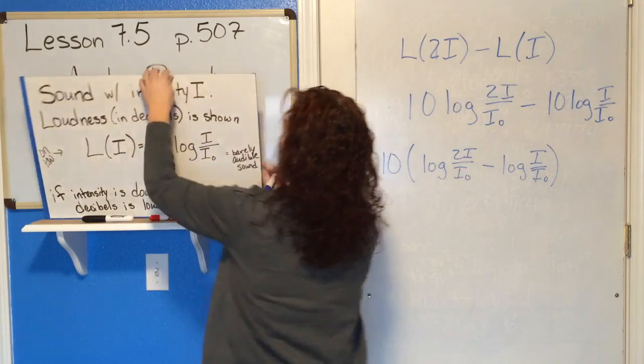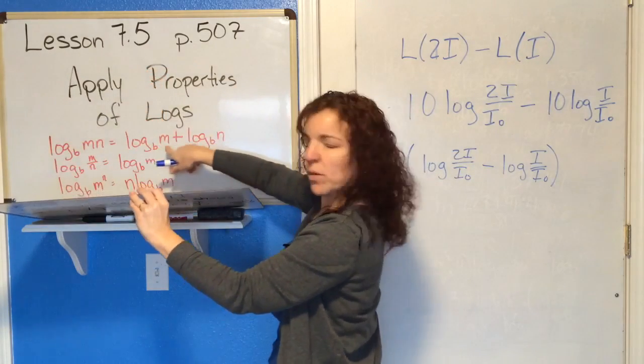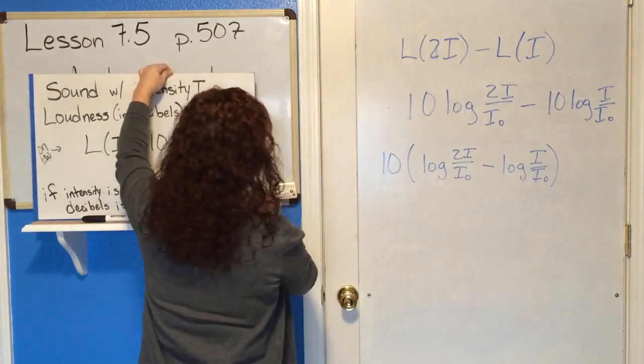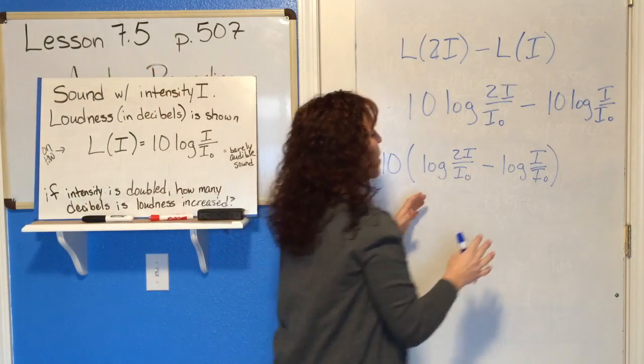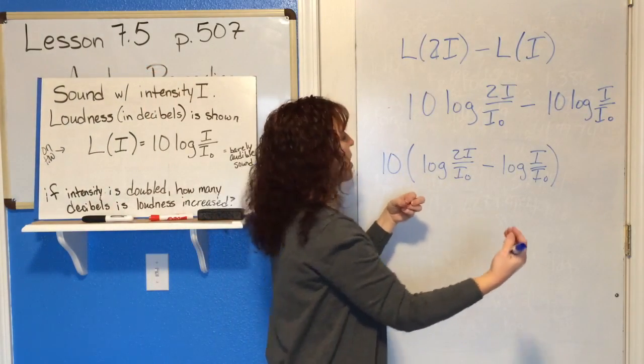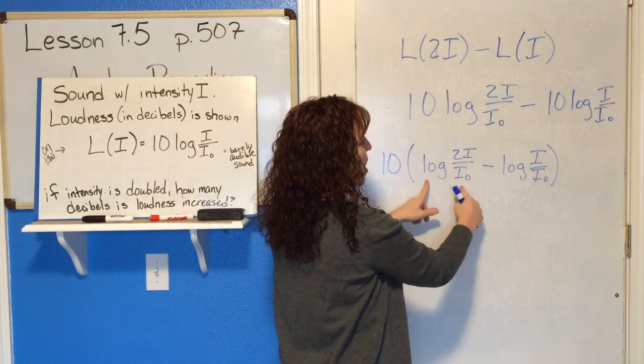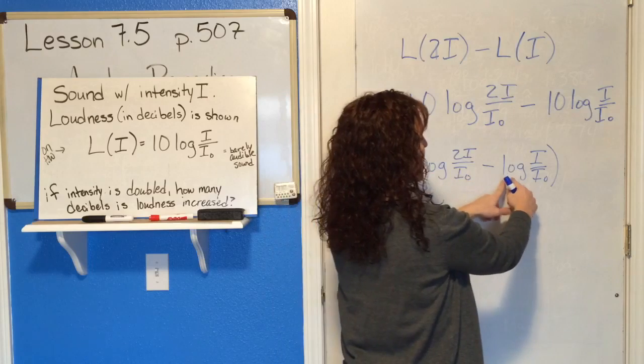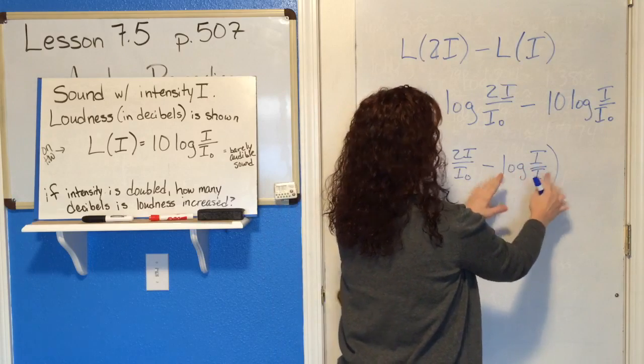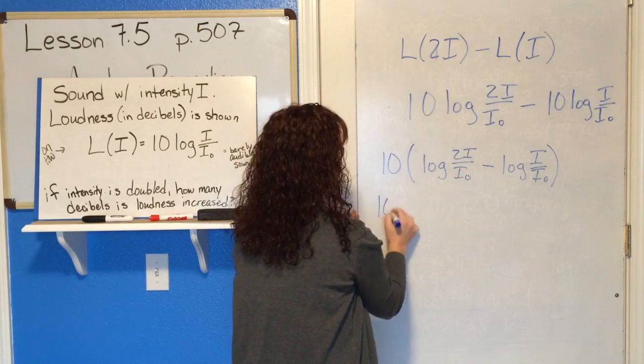If it's multiplied, we can pull it out and add it. We could pull it all the way out and say this is log of 2 plus log of I minus log of the original intensity minus log of I. But let's not, because watch this.